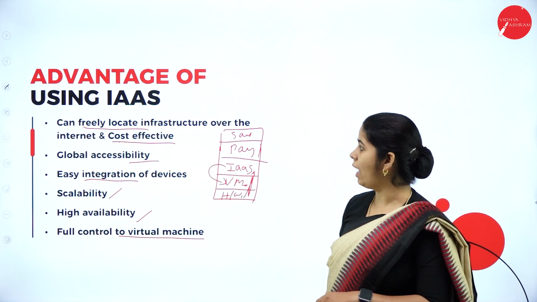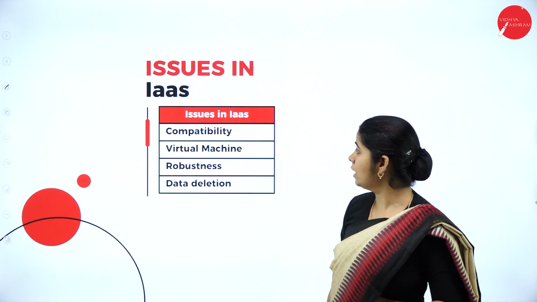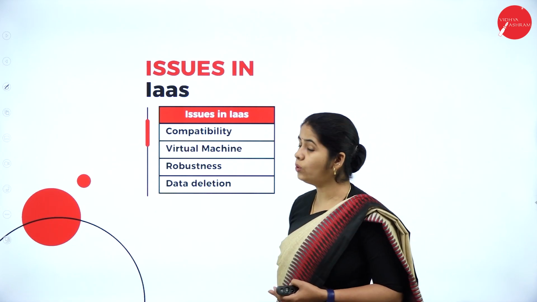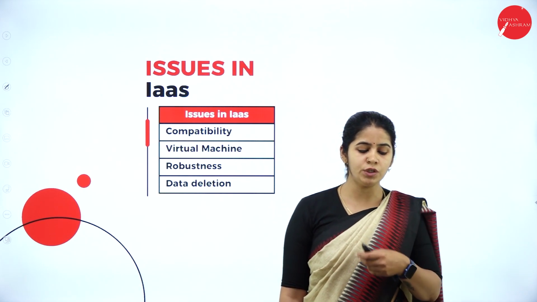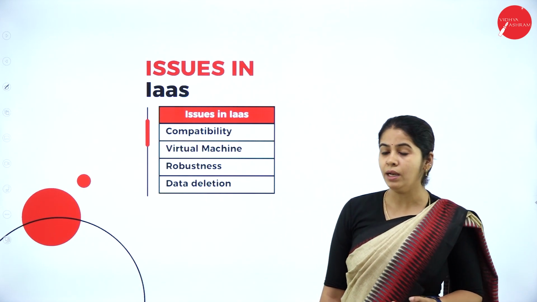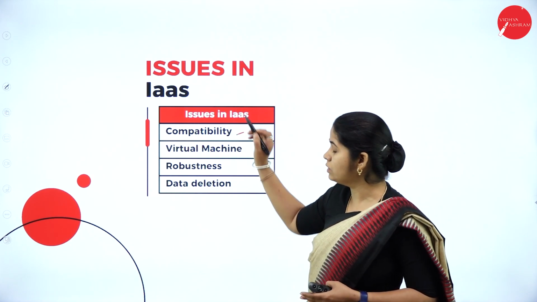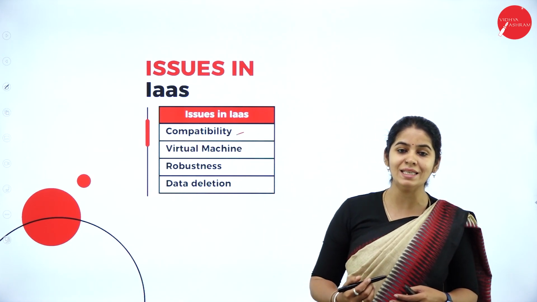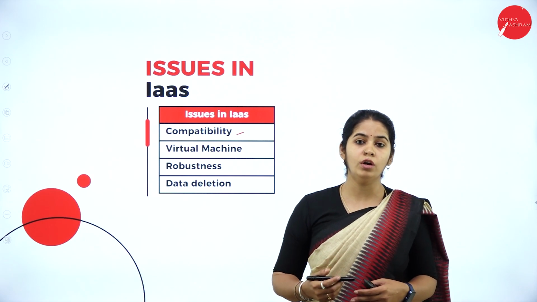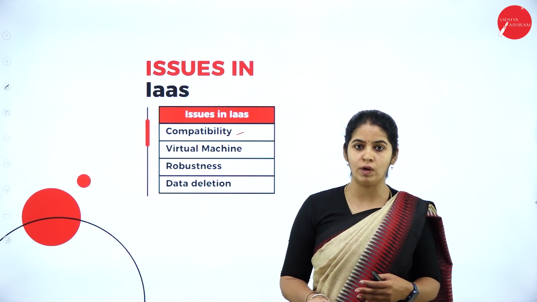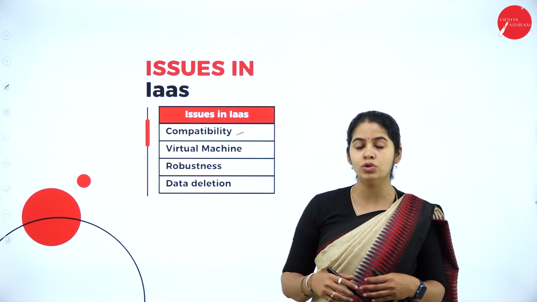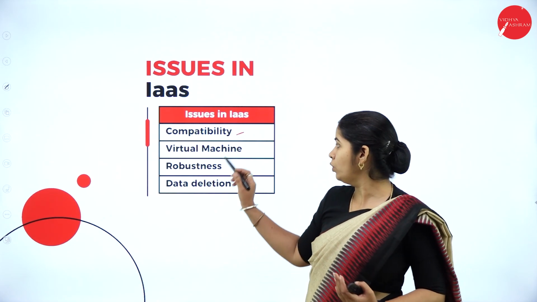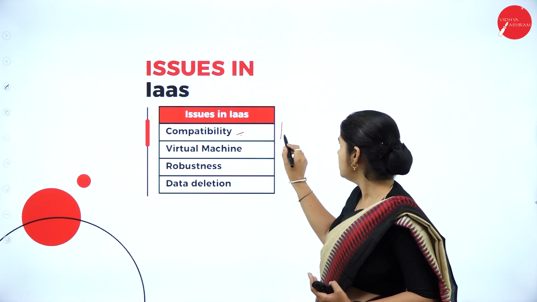Then issues in IaaS. What issues are we going to face when we take infrastructure as a service? The first issue is compatibility. Here in IaaS we have to use only licensed software. We cannot use free software. Whenever you are using any software services to develop software, you have to use only licensed software.